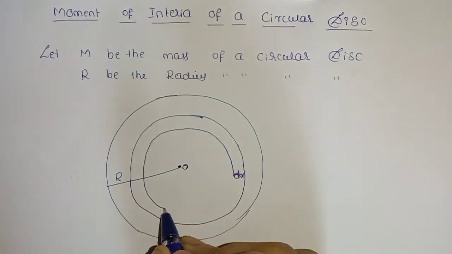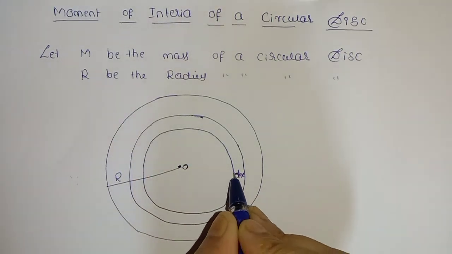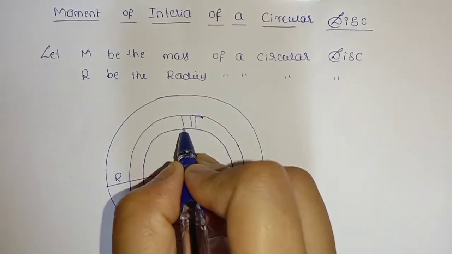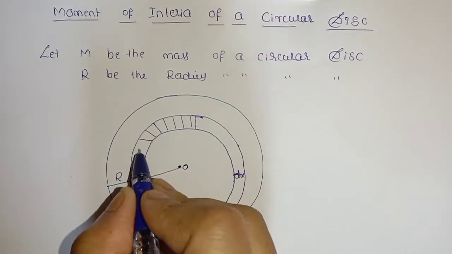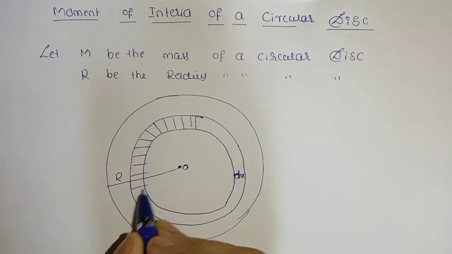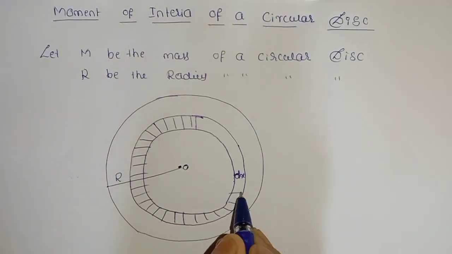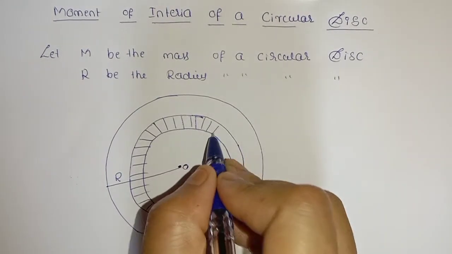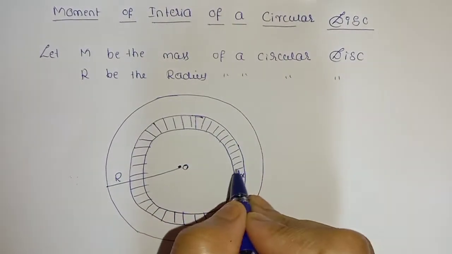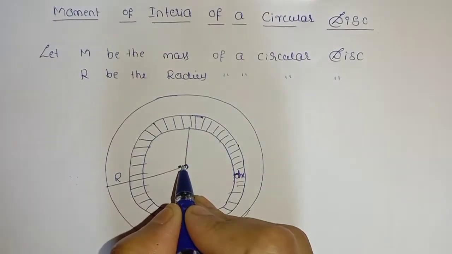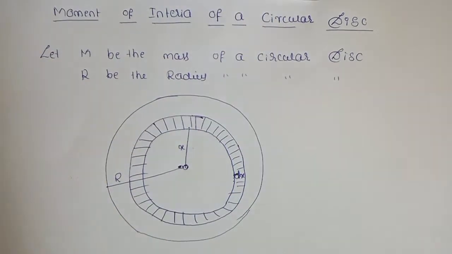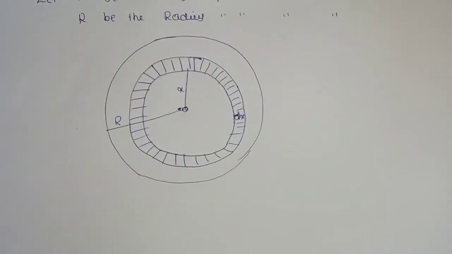This is the width of the element, dx, and its radius from the center is x.